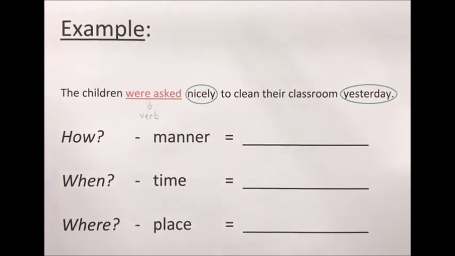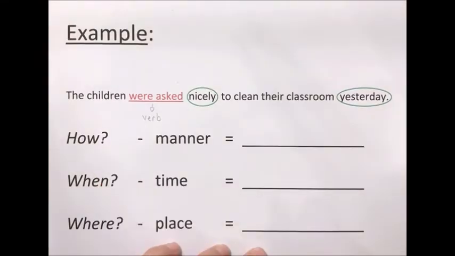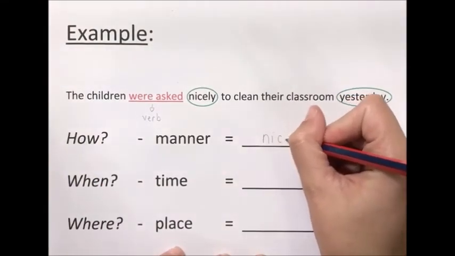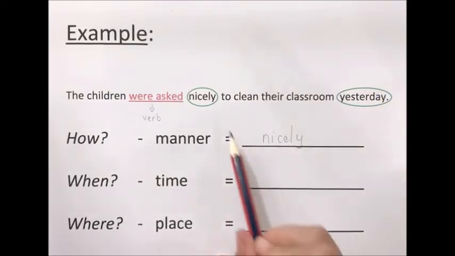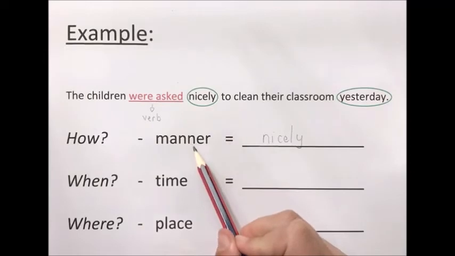Now that you know the verb, you have to ask the 3 questions and test to see what type of adverb is present. How were the children asked? They were asked nicely. So nicely is an adverb of manner.